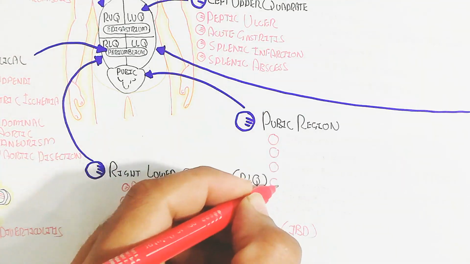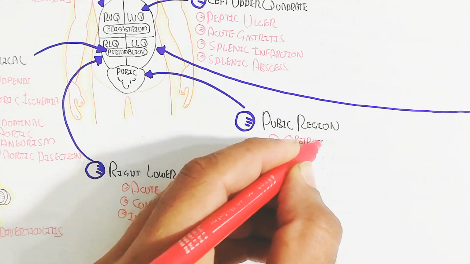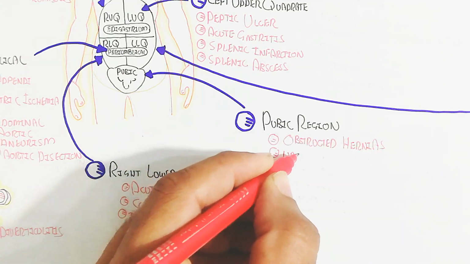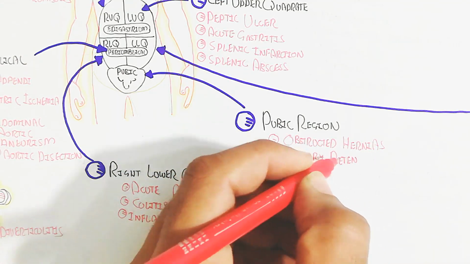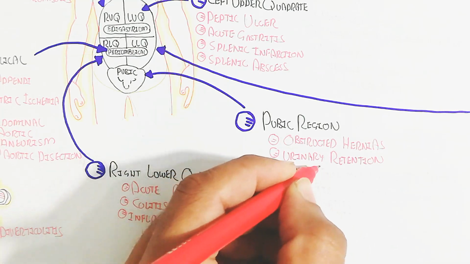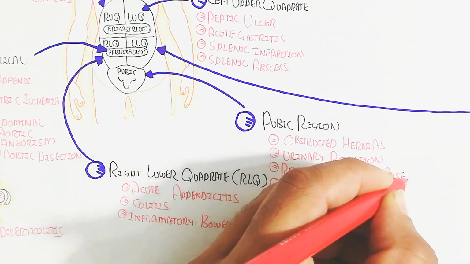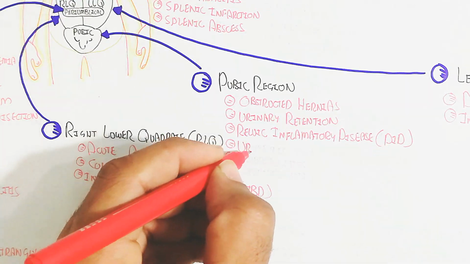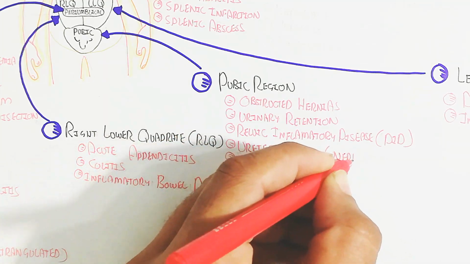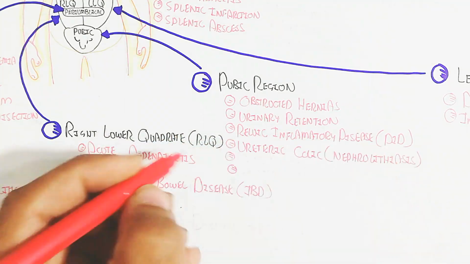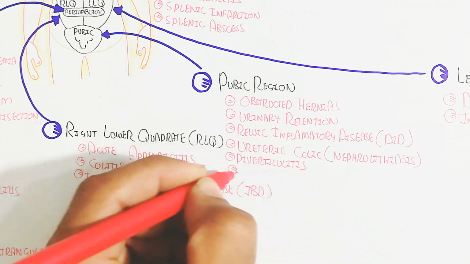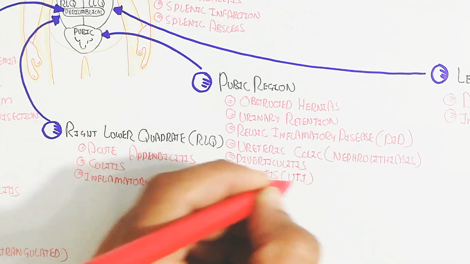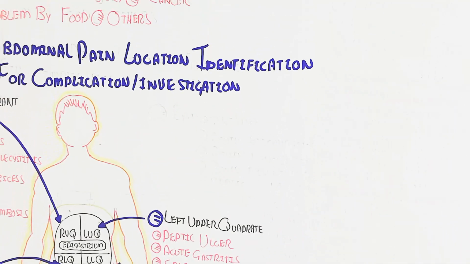If we discuss the pelvic region, it involves obstructed hernias, urinary retention, pelvic inflammatory disease, ureteric colic, nephrolithiasis, diverticulitis and cystitis.